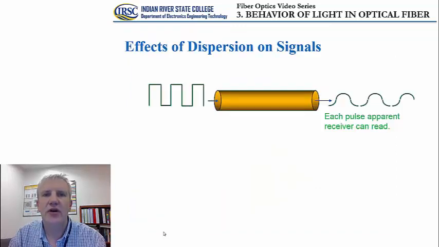Okay, let's now summarize the effects of dispersion on the signals that are being transmitted along an optical fiber. So in this specific case shown on this slide, the dispersion is reduced to an acceptable level.